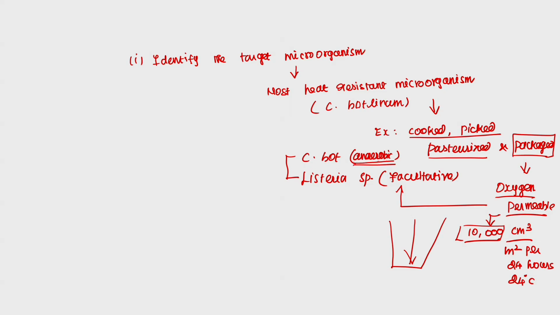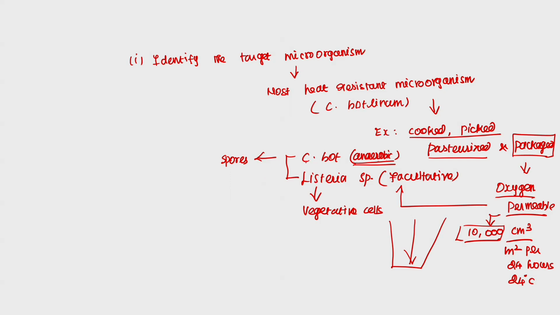Not only that, after pasteurization it may go for refrigeration condition. In the refrigeration condition, CBOT forms spores, but Listeria species cannot, so it is only available as vegetative cells. It is non-spore forming, so you will not have much problem wherever the sporulation conditions are favorable.